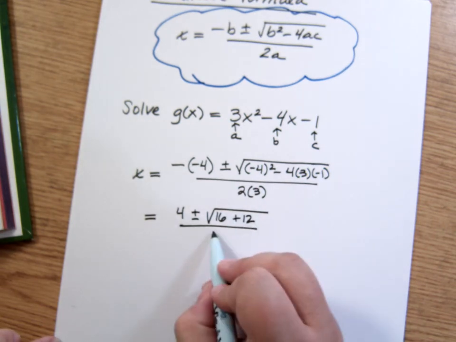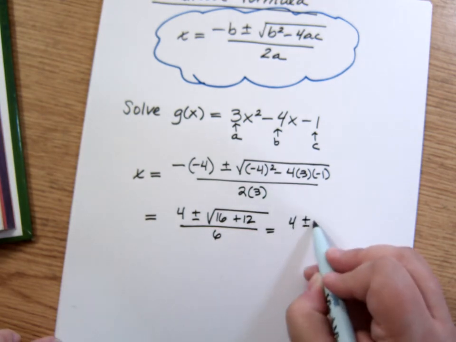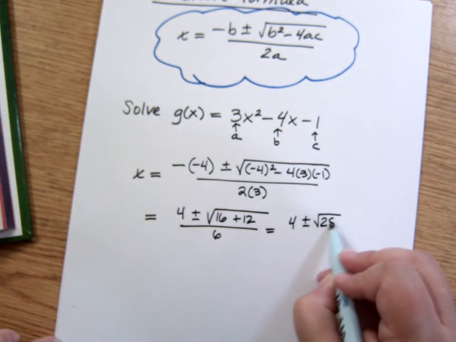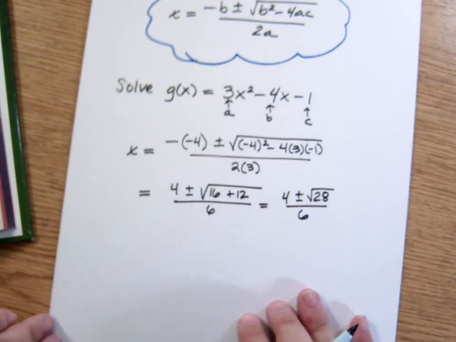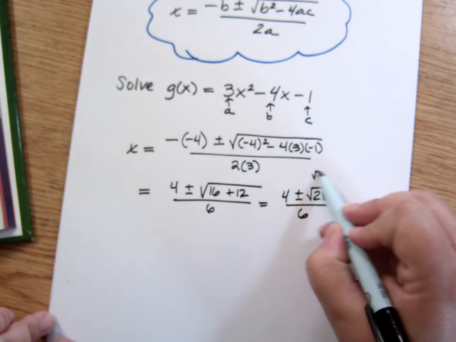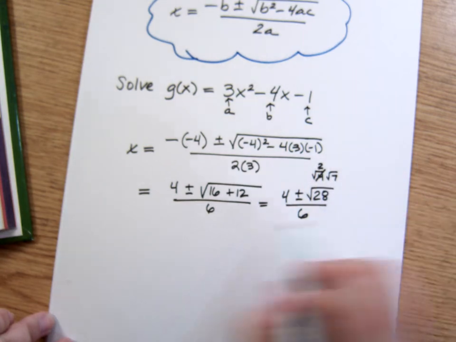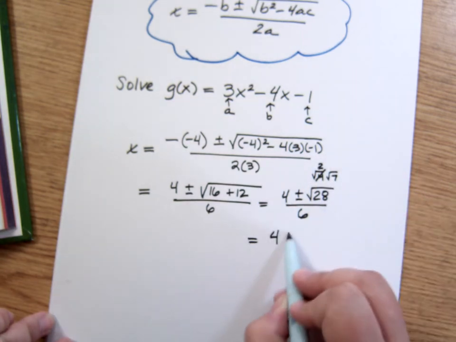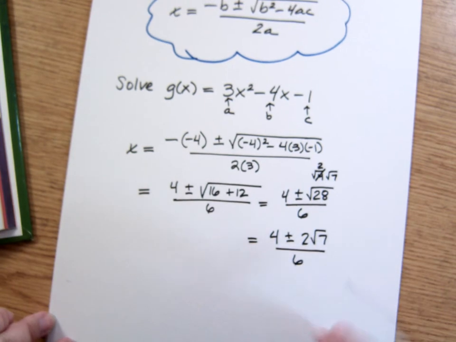And on the bottom, 2 times 3 is 6. So that can further simplify to 16 plus 12 is 28. And now I have to think about the biggest perfect square that goes into 28. That would be 4. So 28 is square root of 4 times square root of 7. And this comes out as a 2. So this will be 4 plus or minus 2 root 7 all over 6.